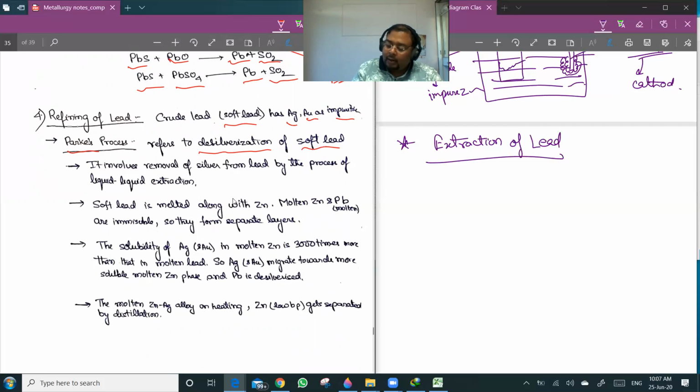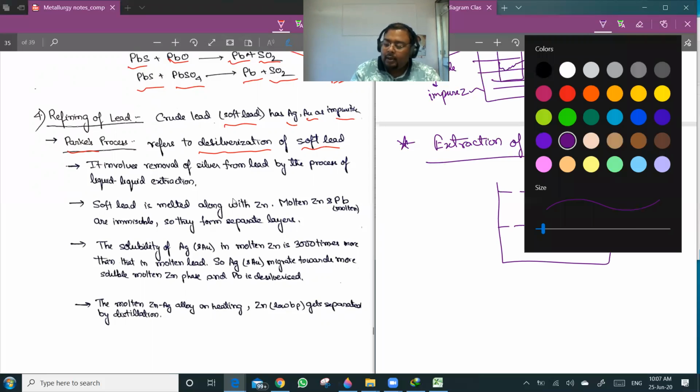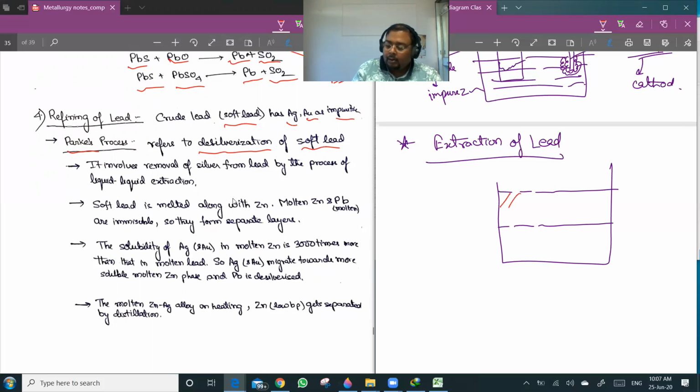So what we do is we take a container and mix molten lead with molten zinc. Molten lead and molten zinc will form two different layers. Why? Because they are totally immiscible.